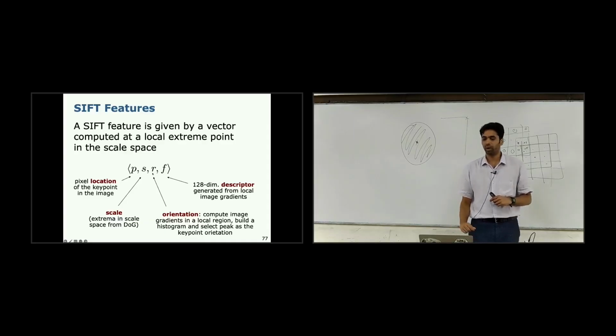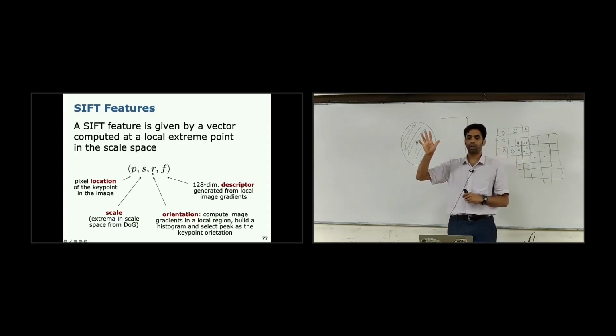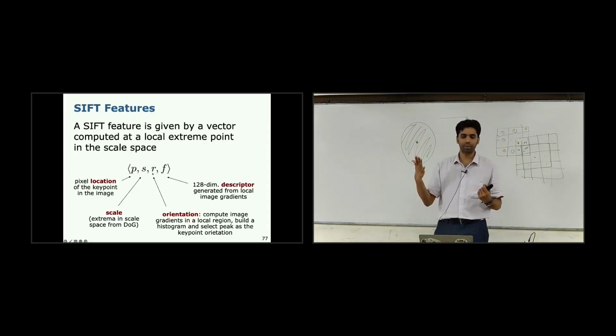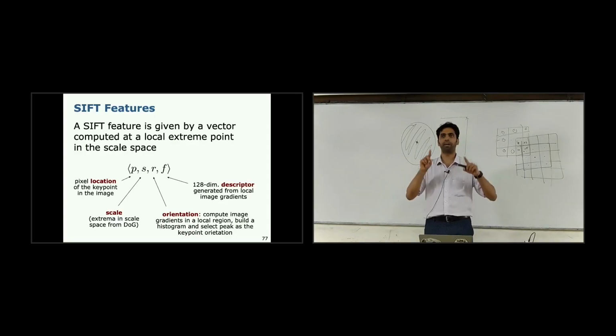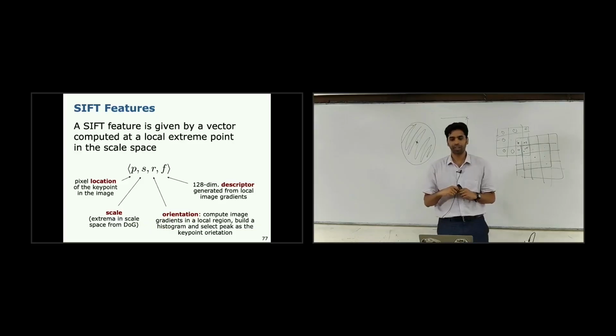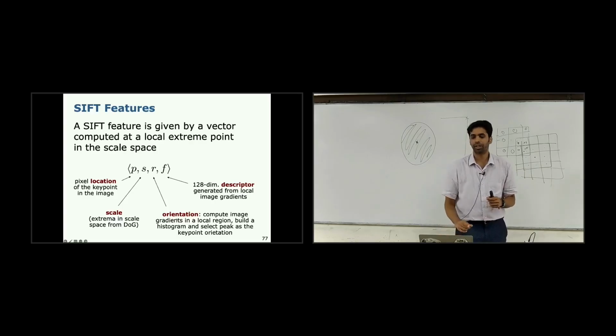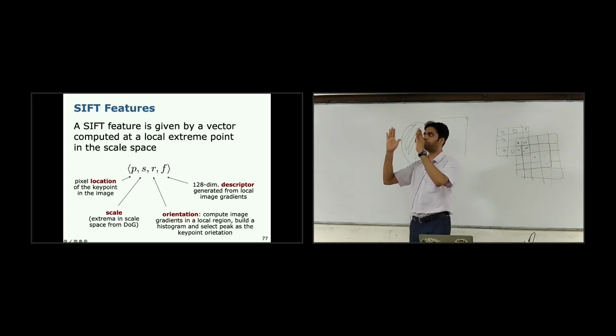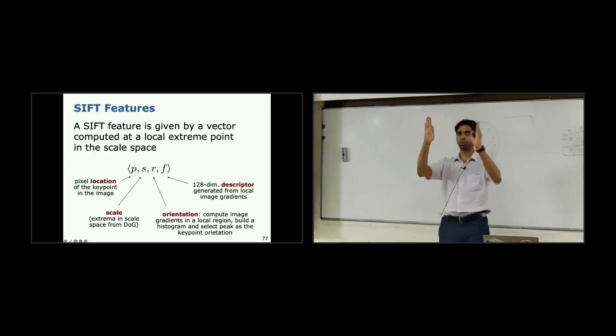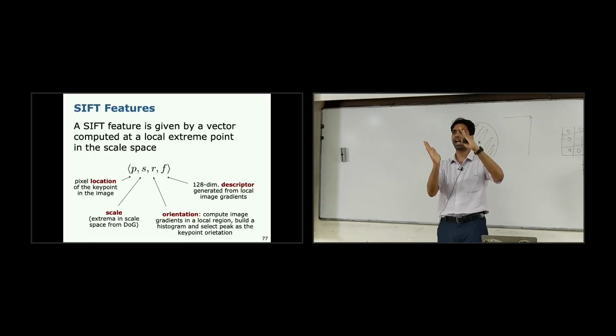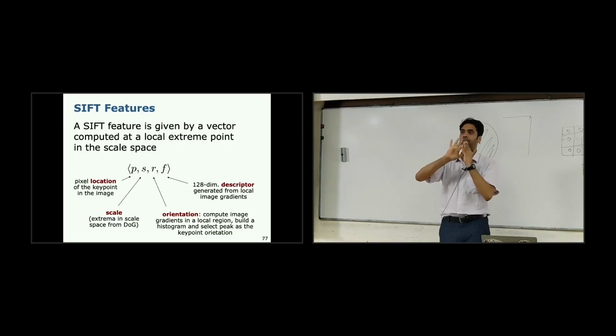R is the orientation of the local gradients. This is something you need to compute. You look at a patch, you look at the image gradients, and you find the dominant direction that gives you the dominant orientation. This is needed because if you have the orientation of a patch, then if you see the patch vertically or if you see the patch at an angle, you can then say, if I rotate it by the orientation angle, they should match.